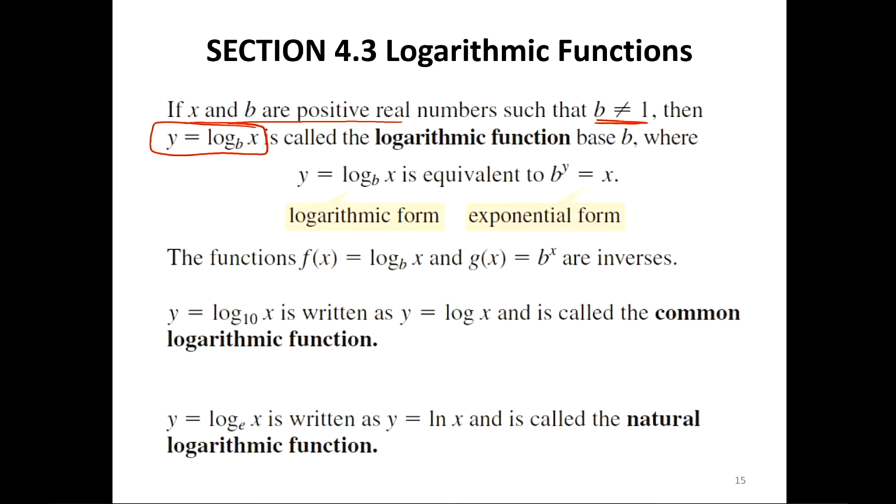So we can convert between this formula and this formula, exponential form and logarithmic form.